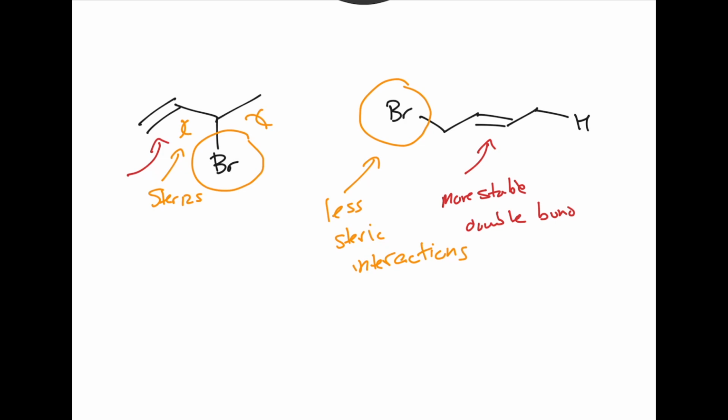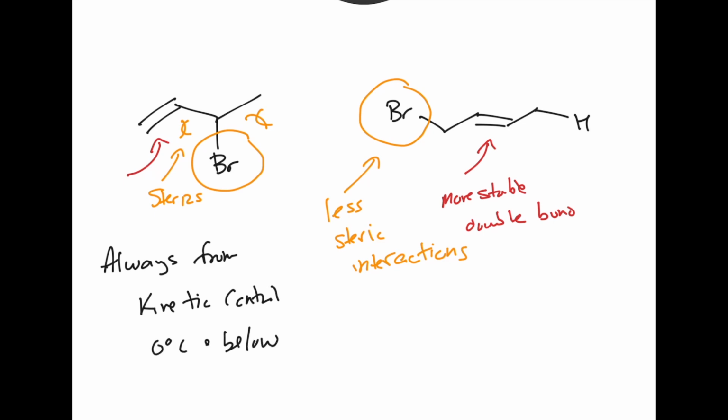But we're just going to assume for your sanity, right, that the 1,2 product is always going to result from kinetic control, right, 0 degrees and below. And the 1,4 product will always be thermodynamic.